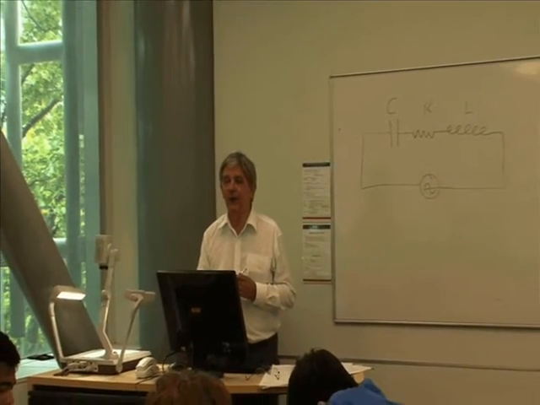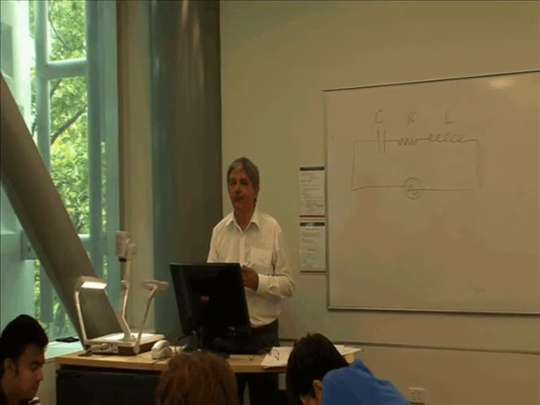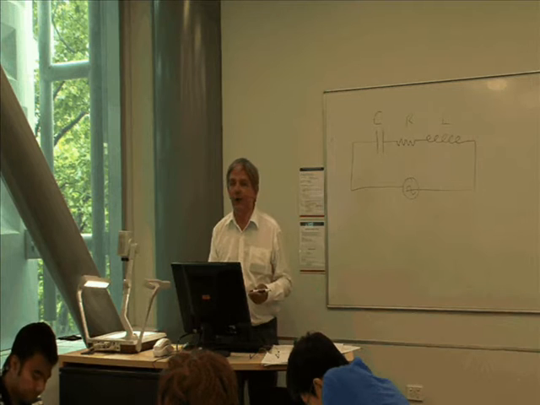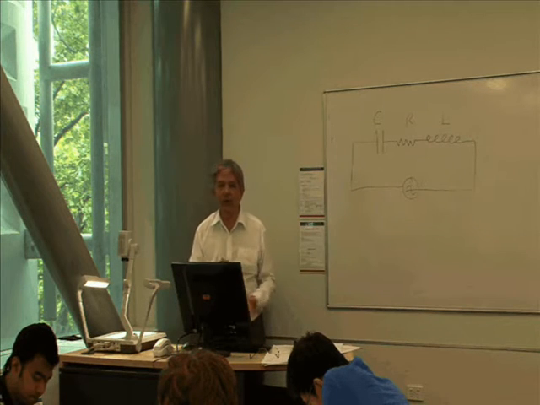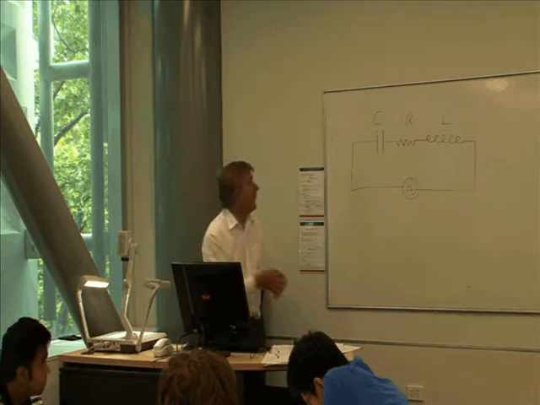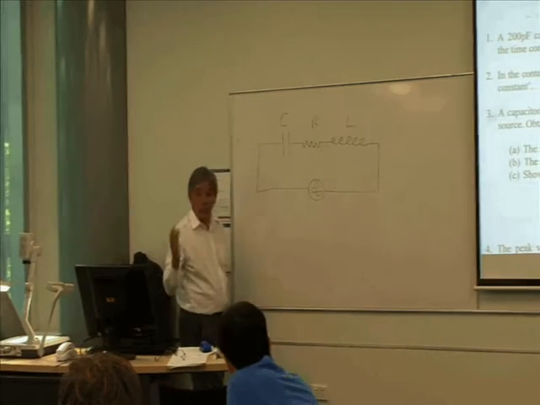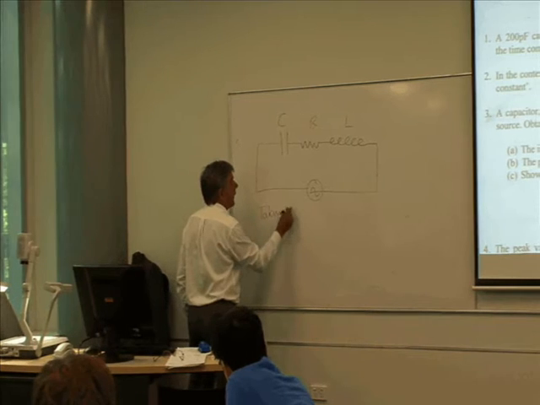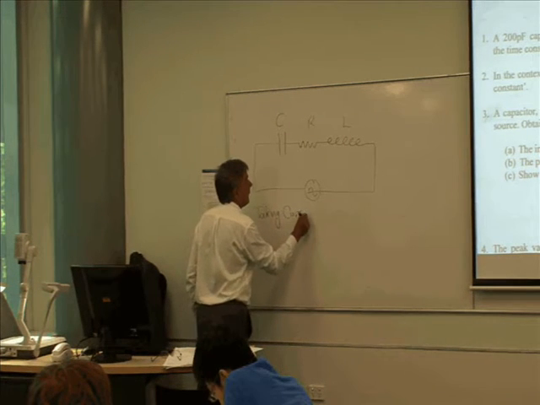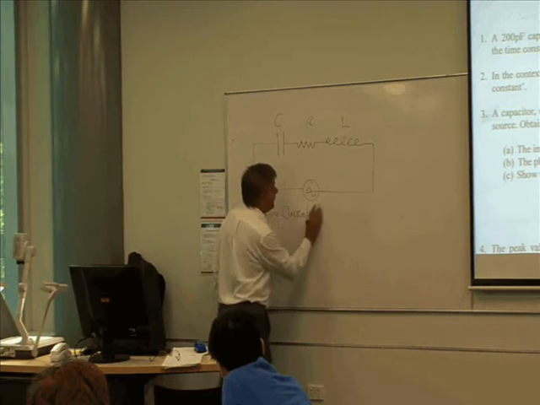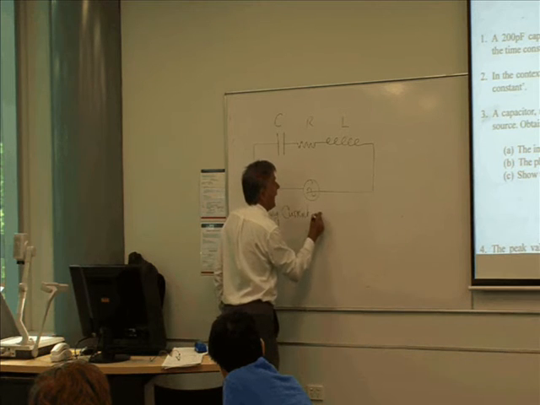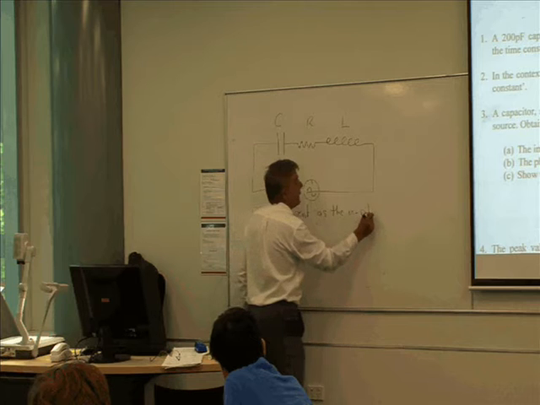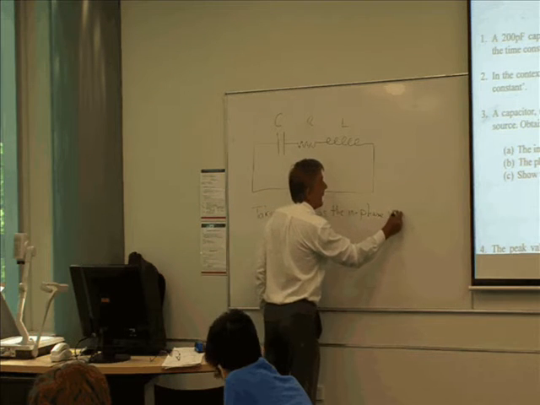What about a phasor diagram? If we're drawing a phasor diagram, then we need a reference vector. What do we normally take as the reference vector? Current. So we must write this down: taking current as the in phase vector.